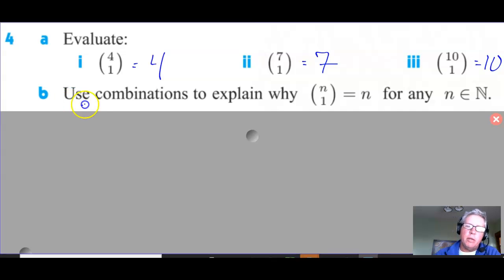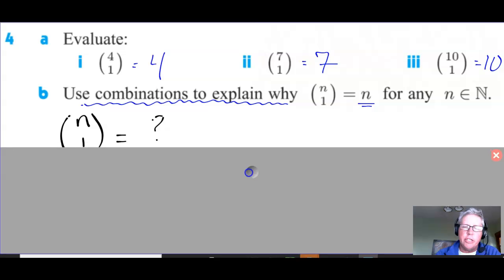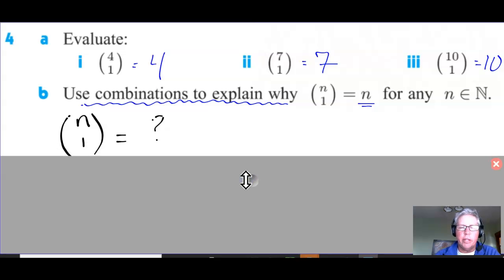But maybe can we use this combinatorics, this kind of algebra, a lot of factorials, to prove that no matter what I have for n, I will always get n? And the answer is yes. So we start out with the notation.